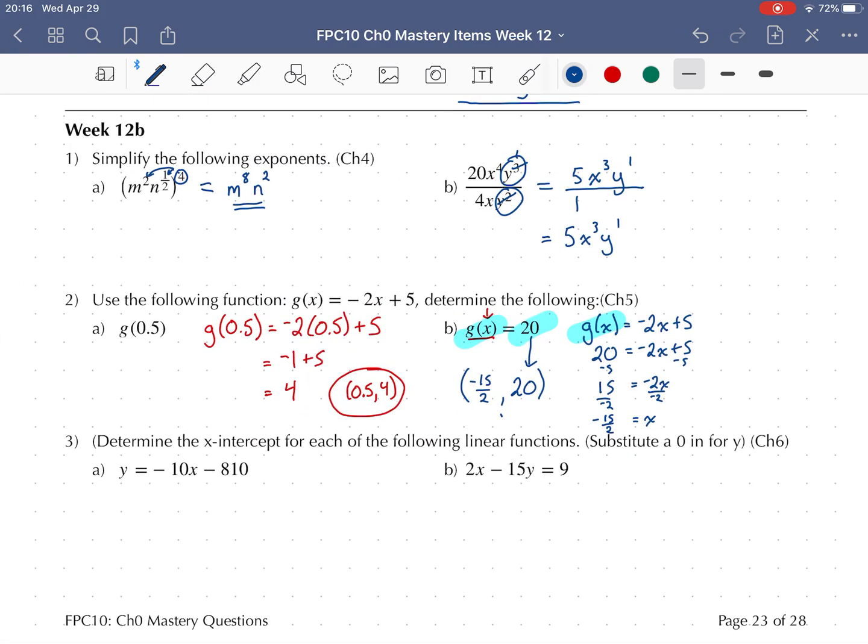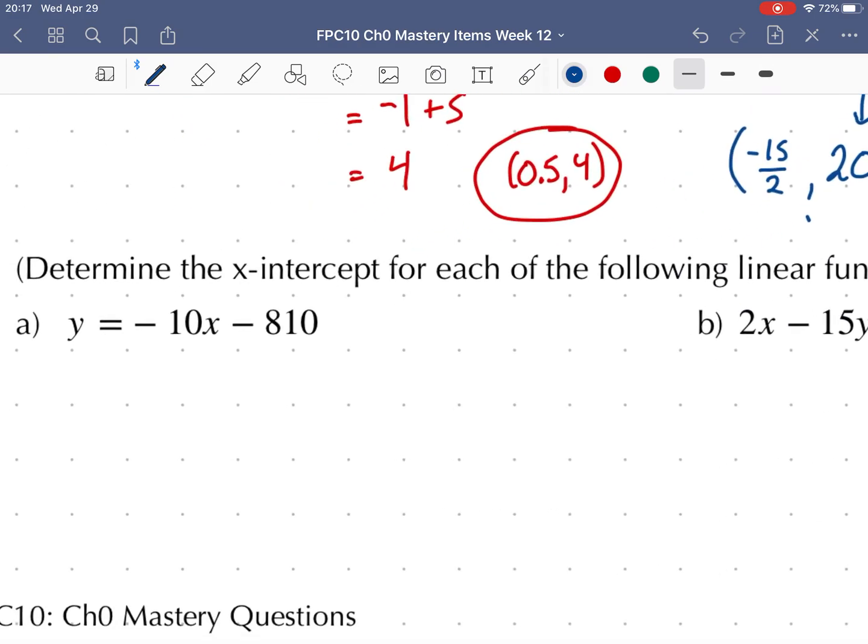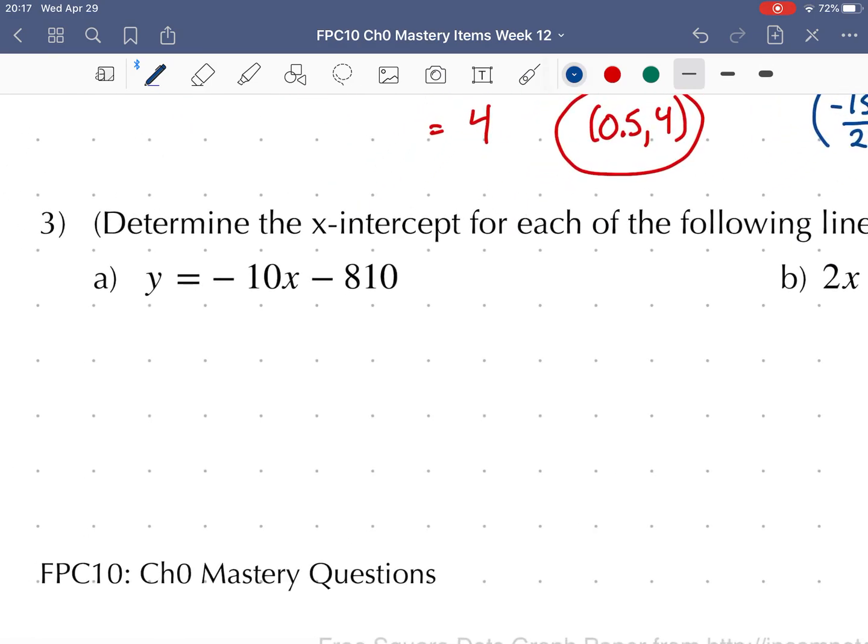All right, number 3. Determine the x-intercept for each of the following linear functions. Remember, the x-intercept is where the graph will cross the x-axis, and y equals 0 at the x-intercept. So, to determine our x-intercept, we take y and we make it equal 0.